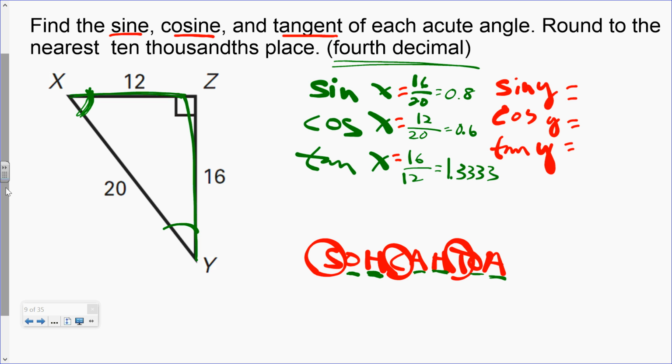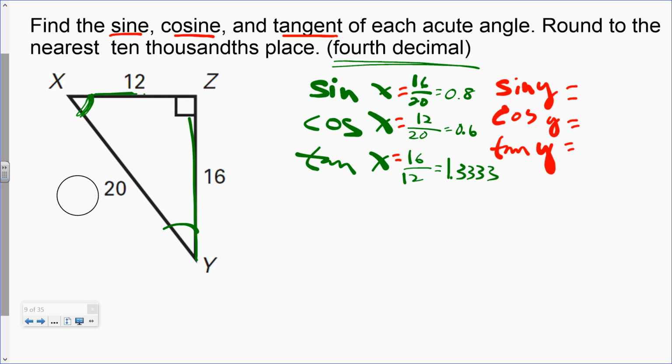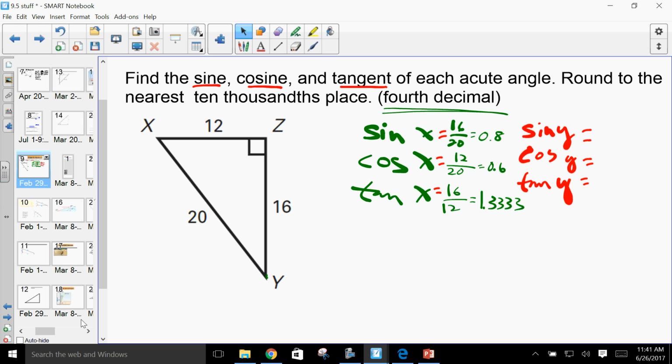All right, moving right along. Sine of y.